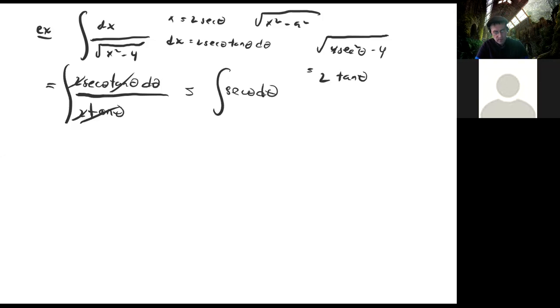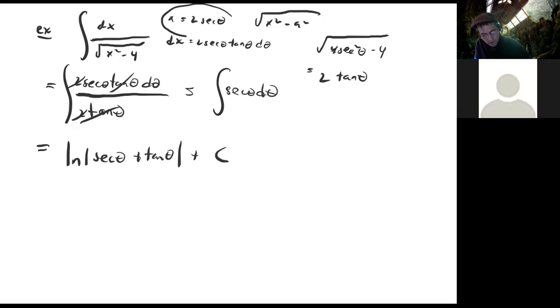Now we've computed the integral of secant theta already, and let's recall that it's ln absolute value of secant theta plus tangent theta plus c. So now we have to go back to the original substitution we made.